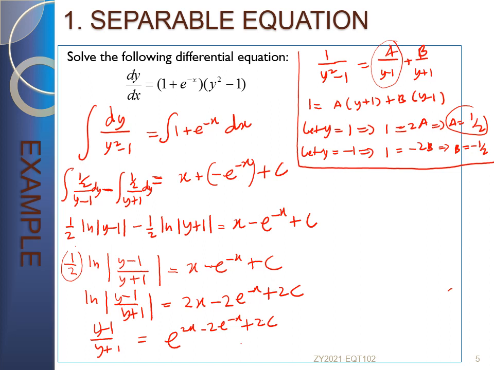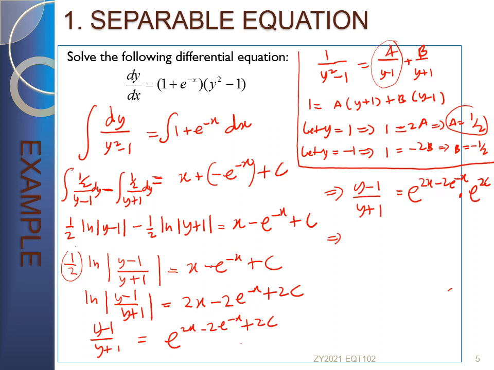Okay, and then we continue here. (y − 1)/(y + 1) = e^(2x) · e^(−x) · e^(2c).